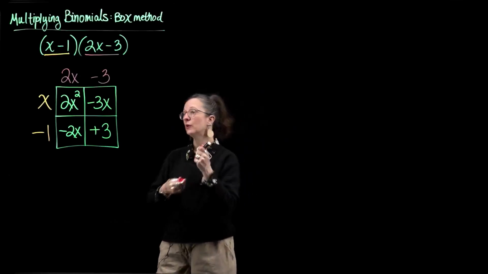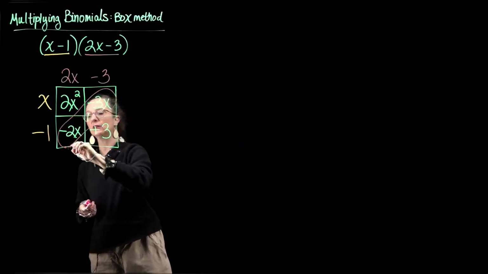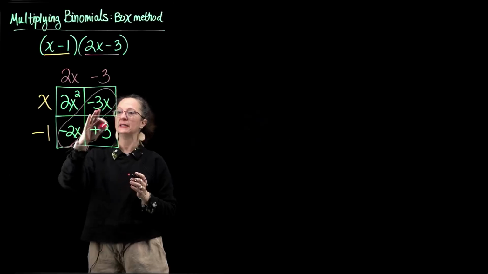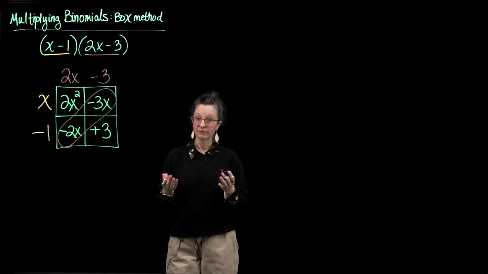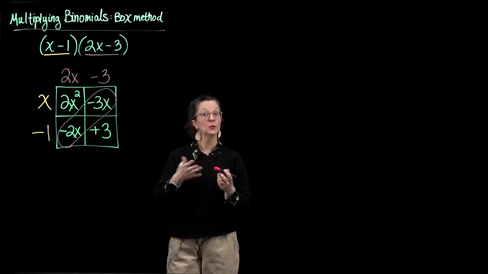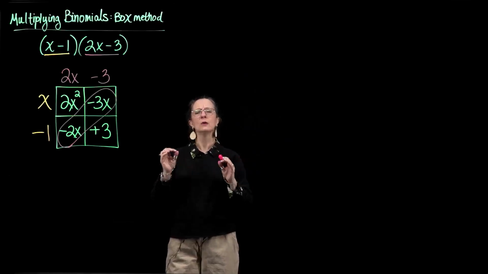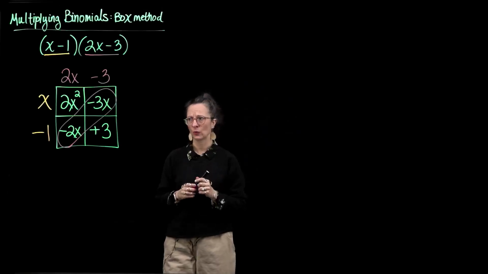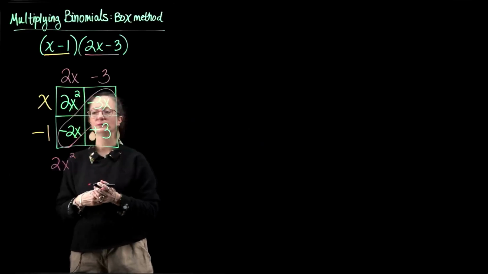Now, one thing you'll notice is that my like terms are on the diagonal of this square, minus 2x and minus 3x. That helps me be able to group up those like terms. So I'm going to then write out what is written inside the square. I'll start with 2x squared.